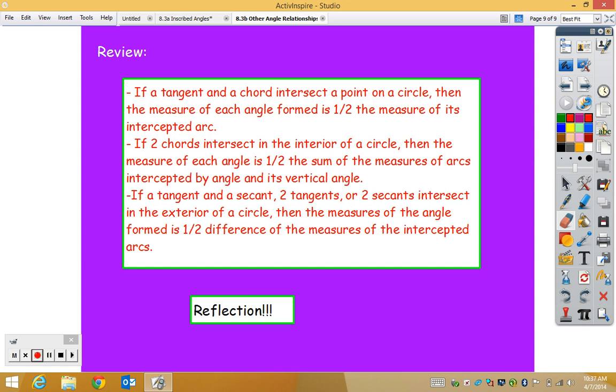And we remember vertical angles from last unit, or 2 units ago. And if a tangent and a secant, two tangents or two secants, intersect outside of a circle, then the measure of the angle formed is 1/2 the difference of the measures of the intercepted arcs.